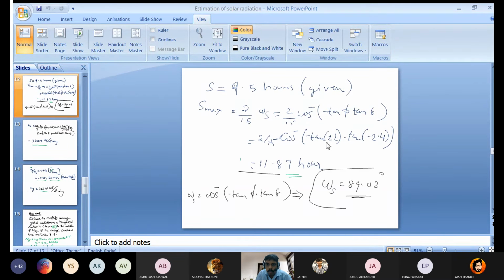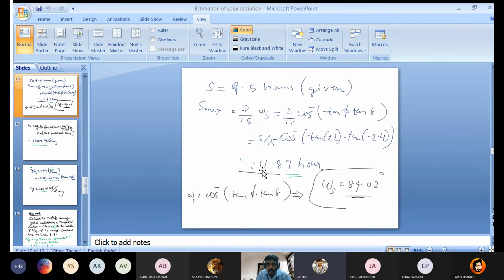Tan phi means tan 22, tan delta means tan minus 2.4. Delta minus 2.4 we already calculated. So cos inverse of that, you will get 89.02 degree. That degree we want to convert into hours, so 2 by 15 into 89.02, that much hours.